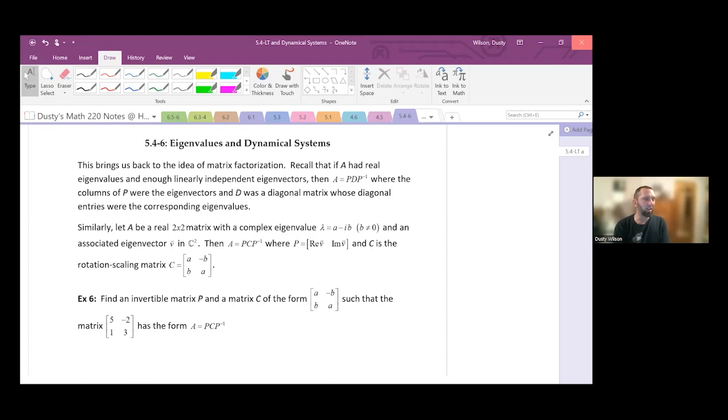Then A equals P C P inverse, where the first column of P is the real part of v, the second column of P is the imaginary part of v, and C is the rotation scaling matrix a, -b, b, a.